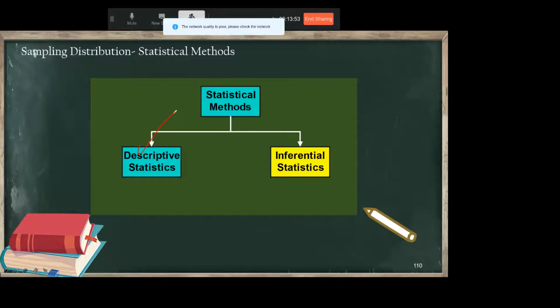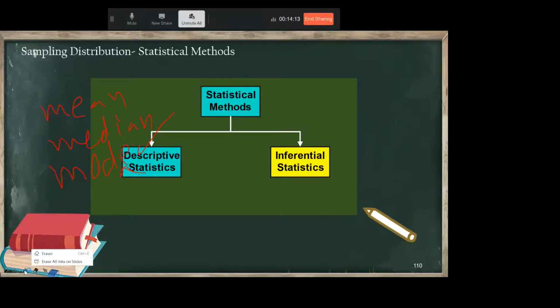You learned different methods in descriptive statistics, like mean, median, mode, right? You all know how to calculate that. Also including standard deviation, histogram, and so on.